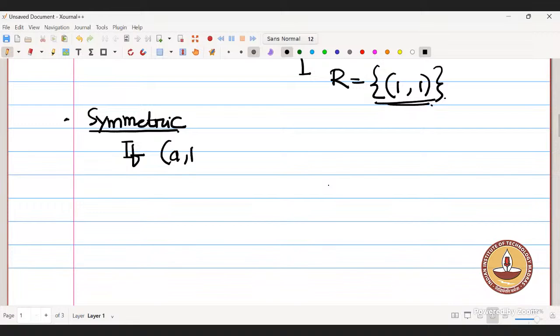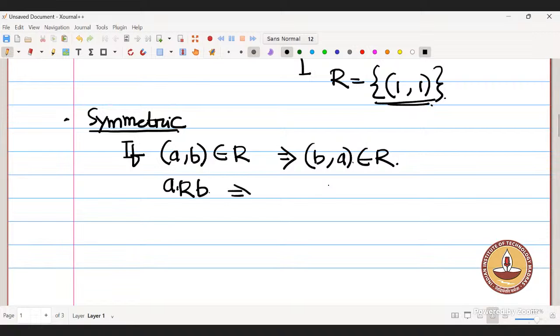Suppose I have a pair in the relation. This should imply that if I flip the ordered pair, it is also inside the relation. Only then can I say that my relation is symmetric. In other words, if A is related to B, then B is also related to A. For example, if I take this set, let's say {(1,2), (2,1), (2,3)}.